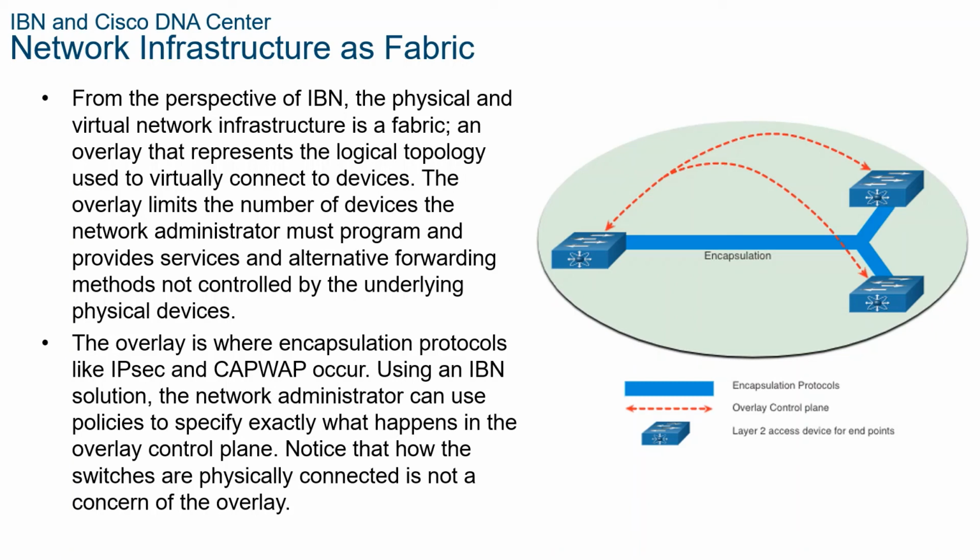Using an IBN solution, the network administrator can specify through policies exactly what happens in the overlay control plane. Notice that how the switches are physically connected is not a concern of the overlay.